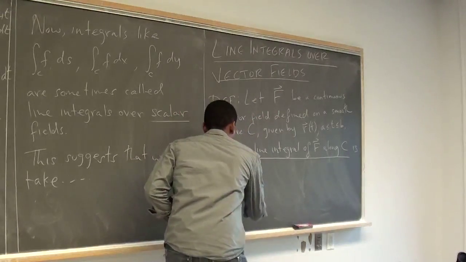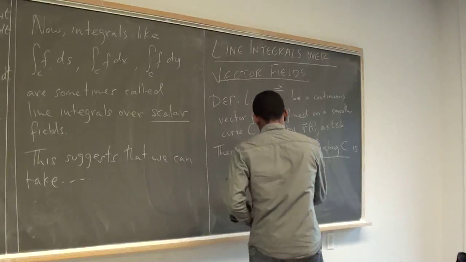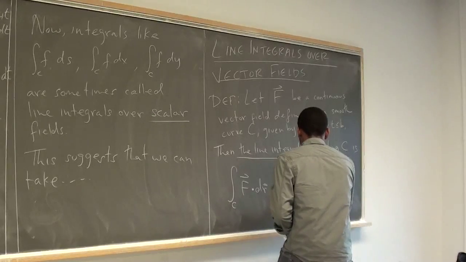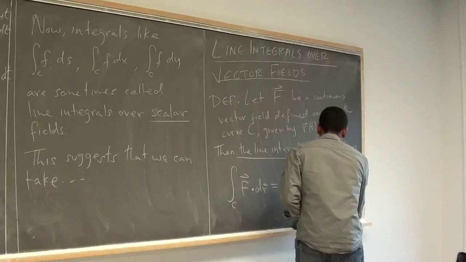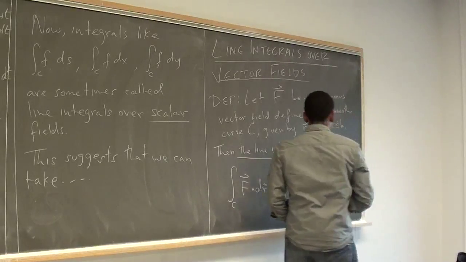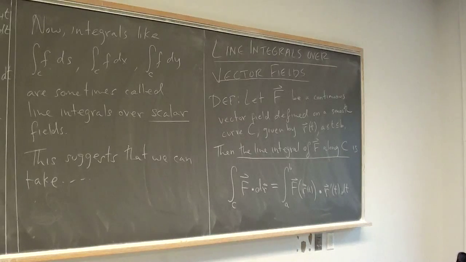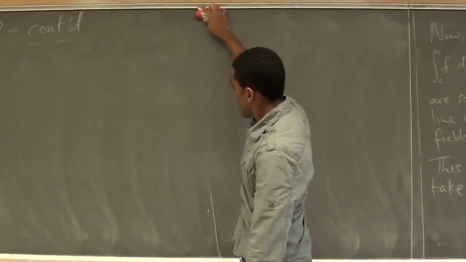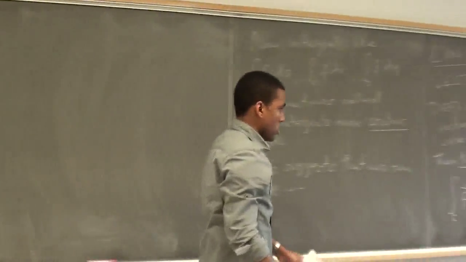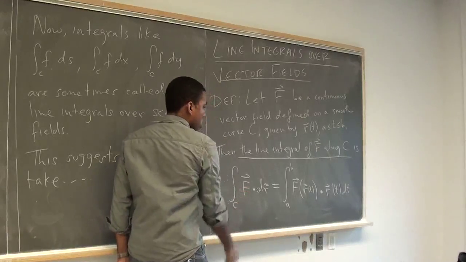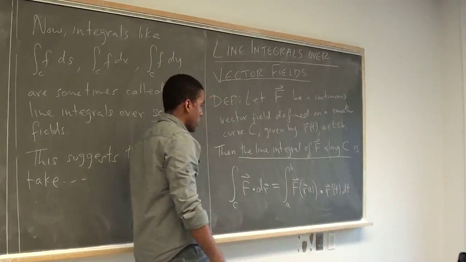This is the notation F dot dr. So if you see something like this, F dot dr, that means you're taking a line integral over a vector field. r is describing the curve that you're going along, F is the function, and it has to be continuous because we're going to be taking derivatives and integrals.